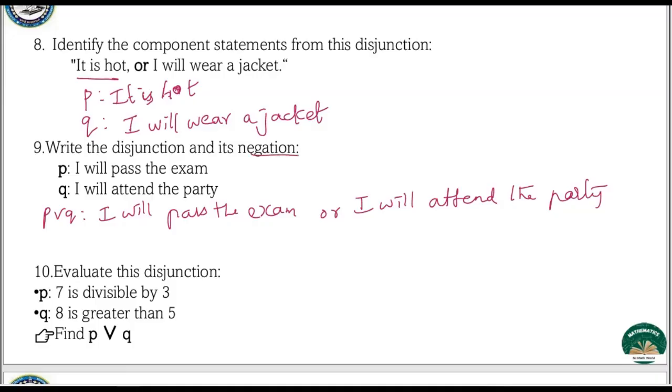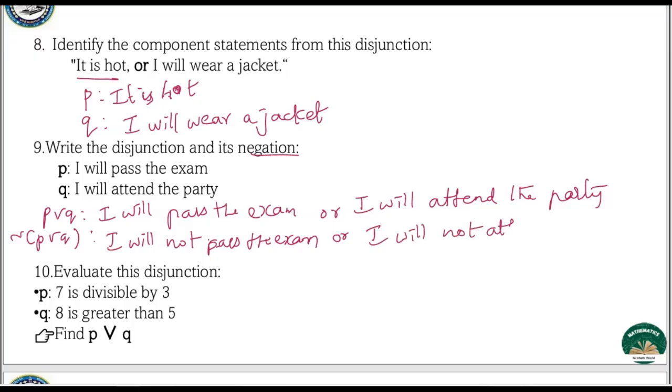We should use not. I will not pass the exam or I will not attend the party. So it will be the negation for the given statement.